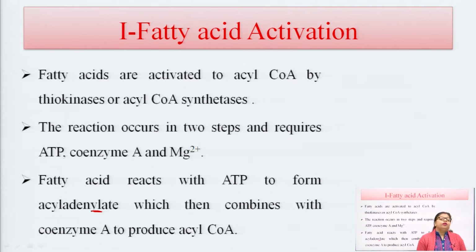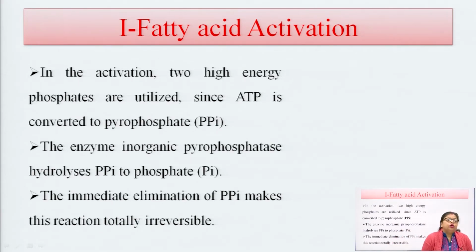So, in the first step we activate the fatty acid with the help of coenzyme A, ATP and magnesium ions. The fatty acid reacts with ATP to form acyl adenylate, which then combines with coenzyme A to produce acyl coenzyme A. In this activation stage, two high-energy phosphates are utilized, as ATP is converted into pyrophosphate, which is hydrolyzed by inorganic pyrophosphatase to phosphate.